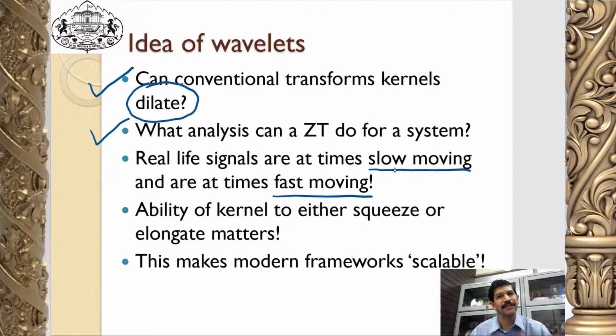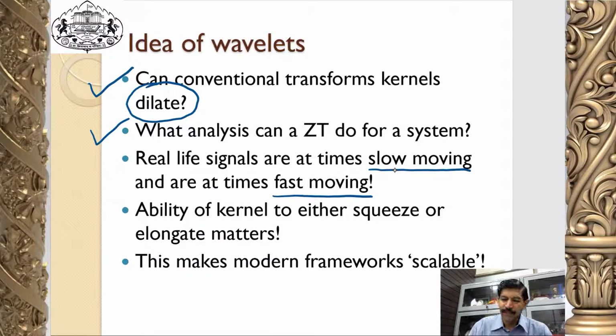In simple language, the ability of a kernel to dilate essentially means the ability of the kernel to either squeeze or expand. It can squeeze if I'm talking about a part of the signal which is fast moving, for example, and can expand if I'm talking about a slow moving part of the signal.